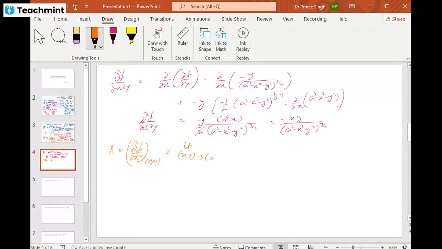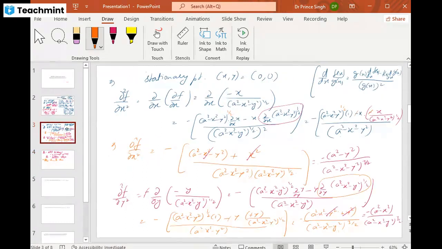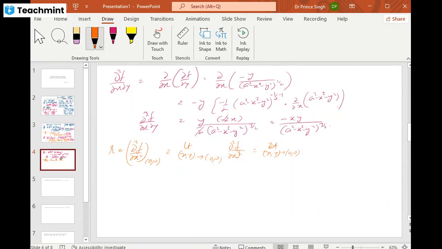Because it's a polynomial function, the partial derivatives are continuous, so we can apply the limit to ∂²f/∂x². Its value comes out to be minus of, if I adjust this negative sign, this is y² minus a², right? So this is minus of (a² − y²) upon (a² − x² − y²) raised to the power 3 by 2.